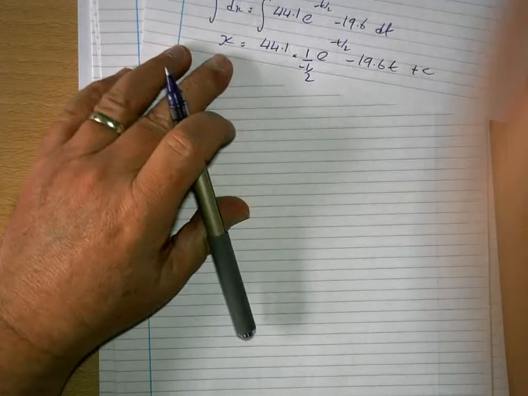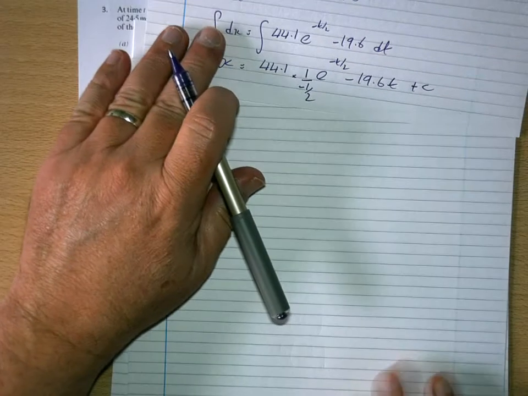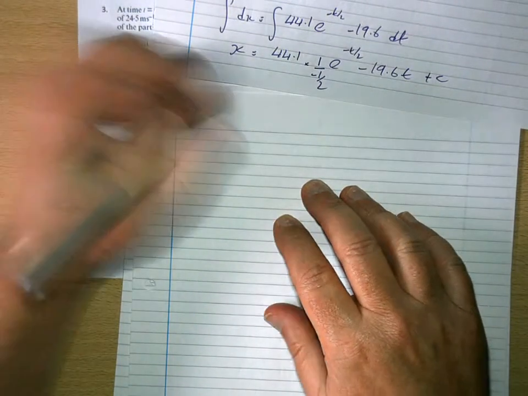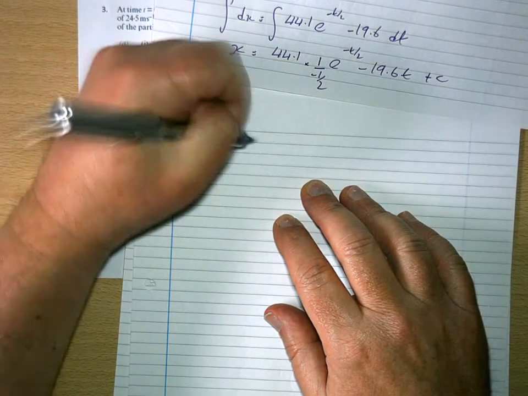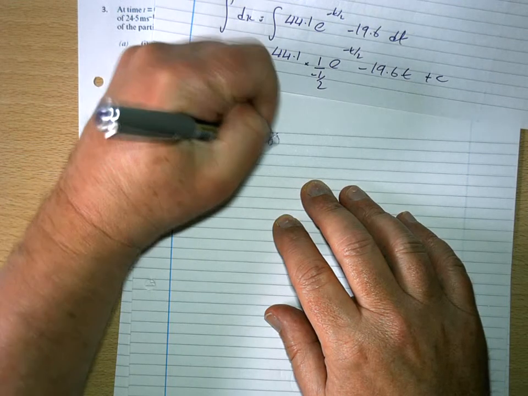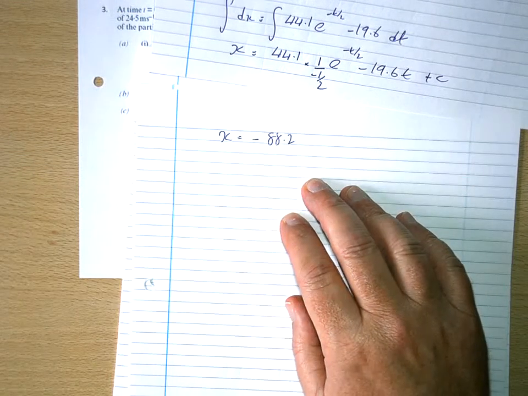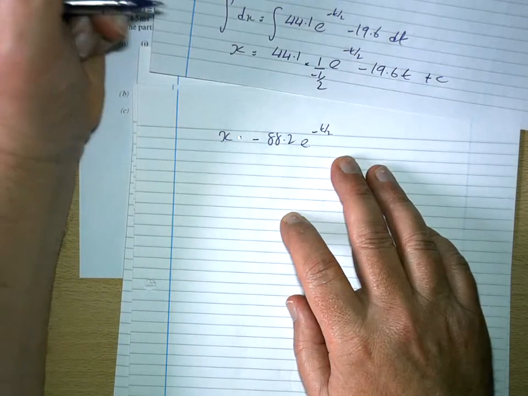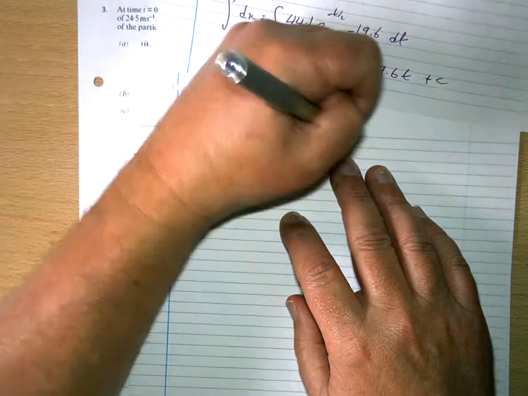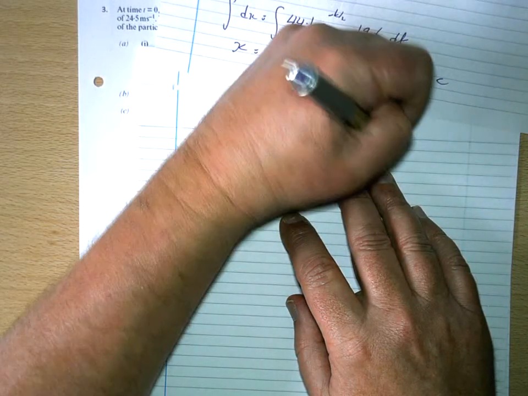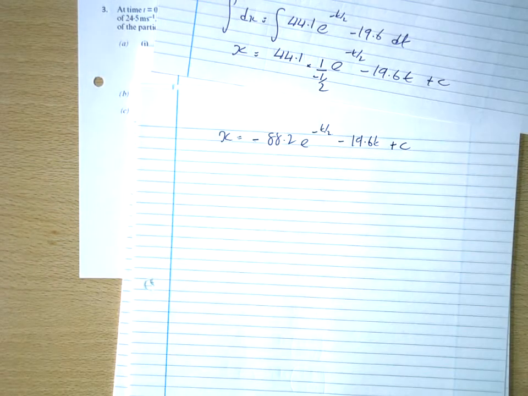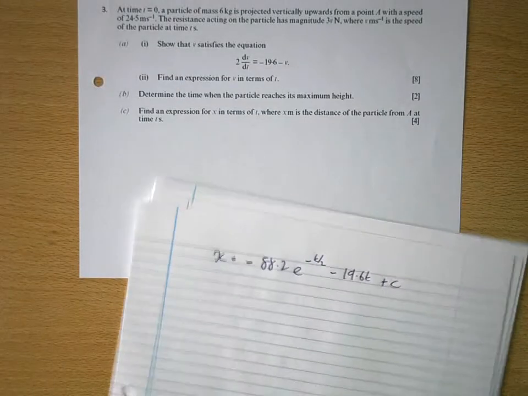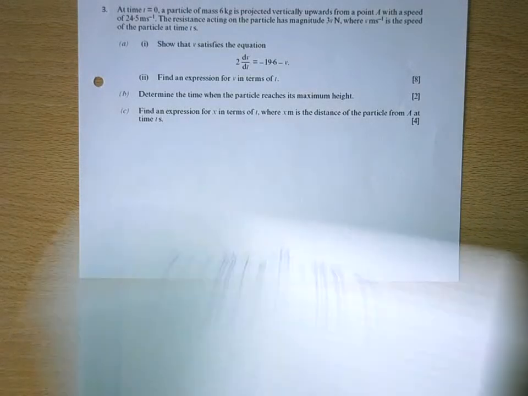So I've got to deal with the constant. So this now becomes x equals minus 88.2 e to the minus t over 2 minus 19.6 t plus c. Now the question is asking us from the point of projection.